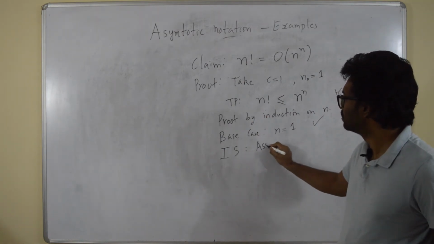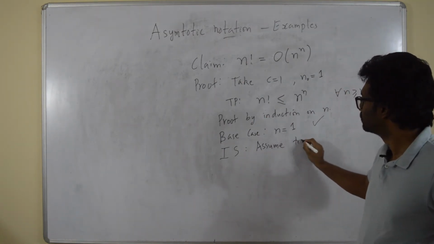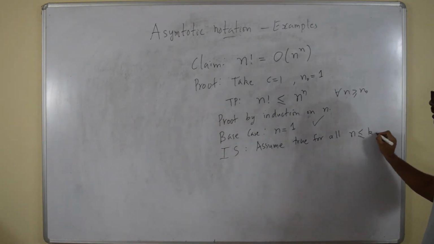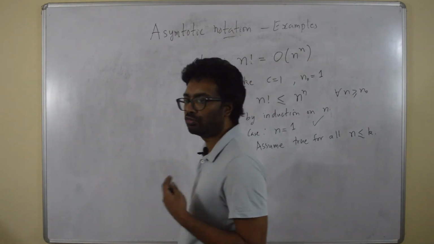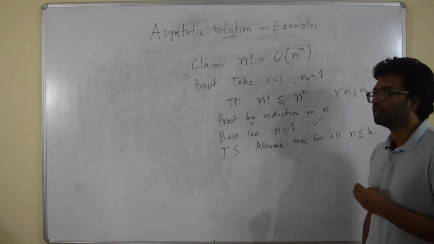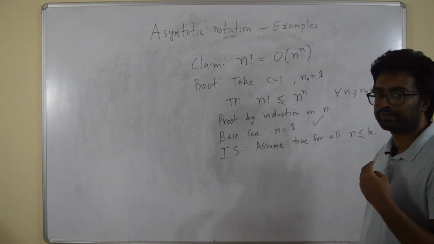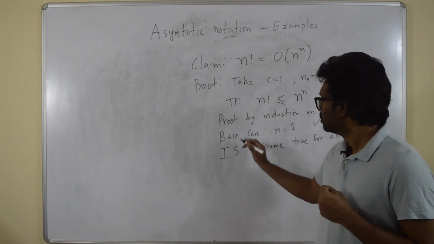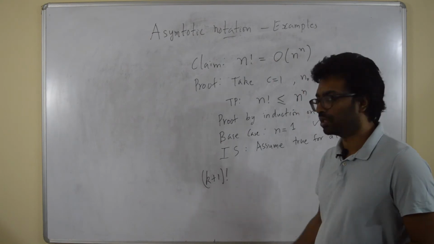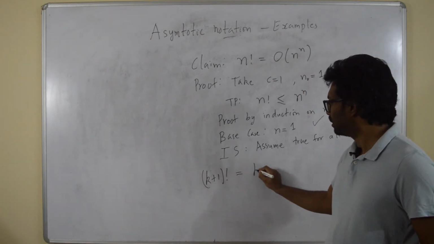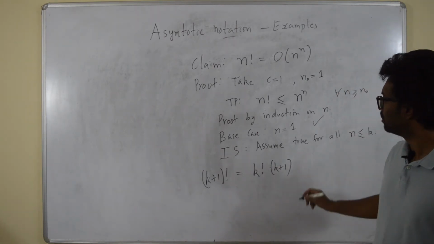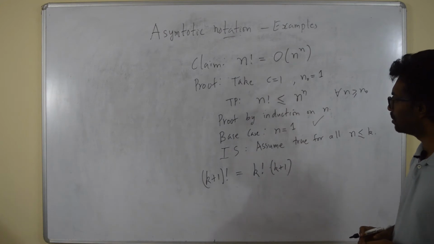So assume this claim is true for all n less than or equal to k. And then I'm going to prove the claim for k plus 1. Right. So let's take k plus 1 and see. So what is it? This is k plus 1 factorial. Right. So that is equal to k factorial into k plus 1. Right. Okay.